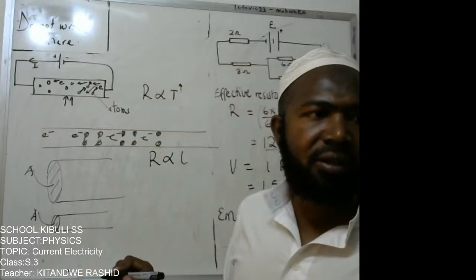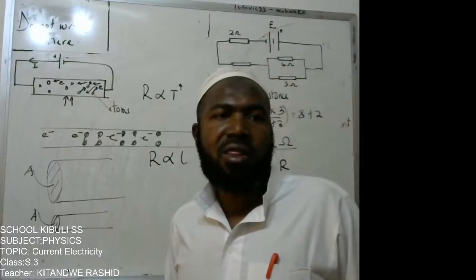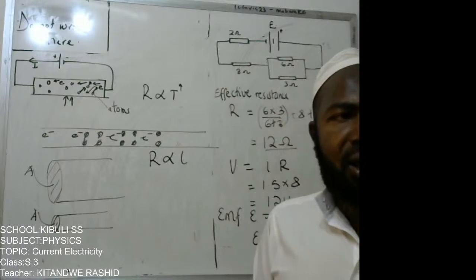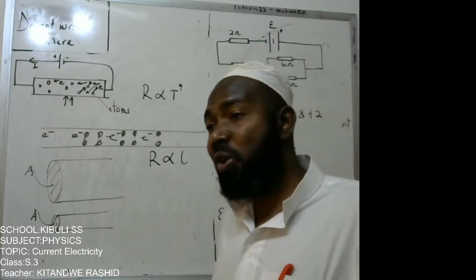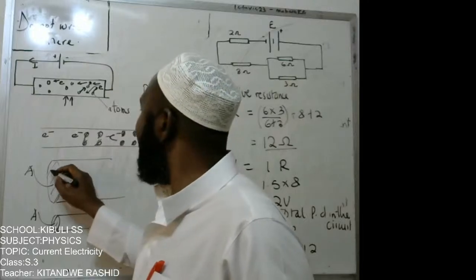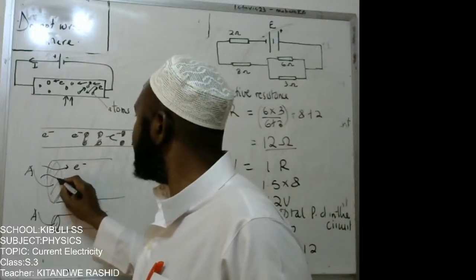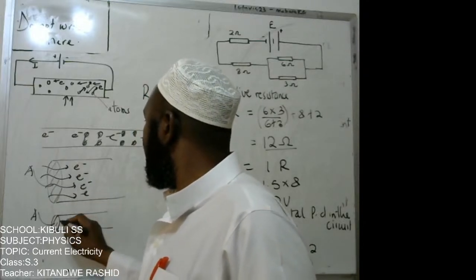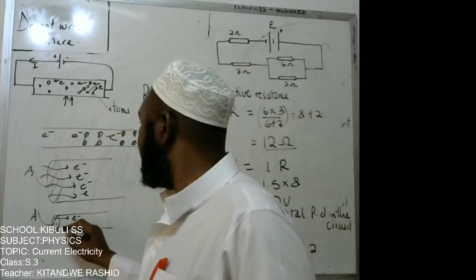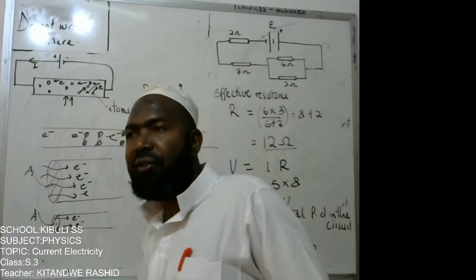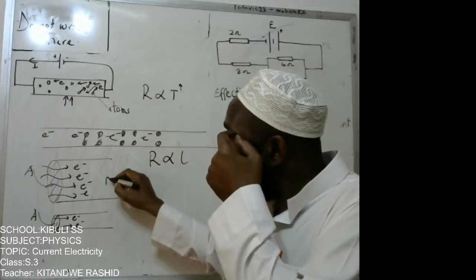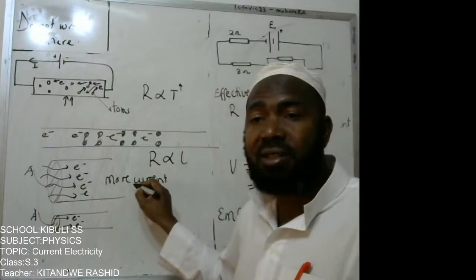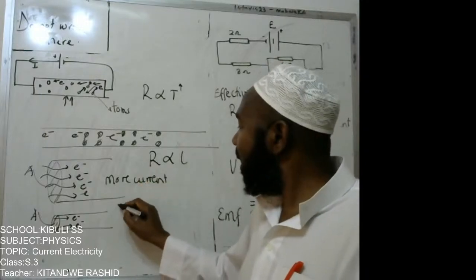Now, that means that thicker conductors have more electrons crossing per second than thinner conductors. Here there are going to be more electrons moving, passing a bigger area, whereas here I have fewer electrons moving. And therefore here there is more current, because the rate of flow of electrons is the current, and here less current.